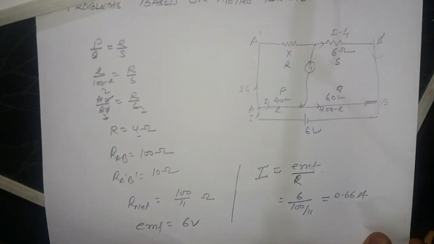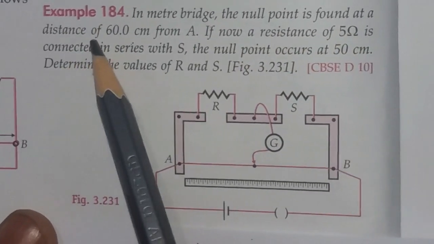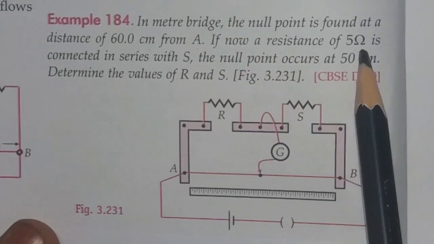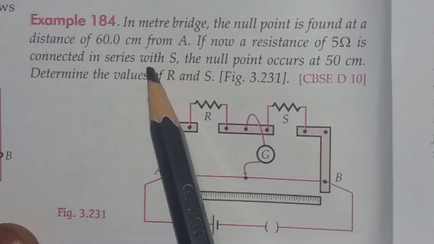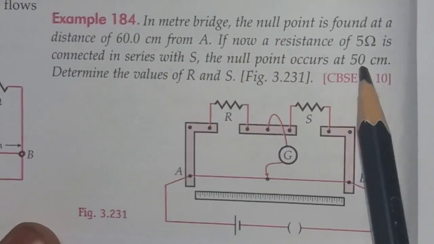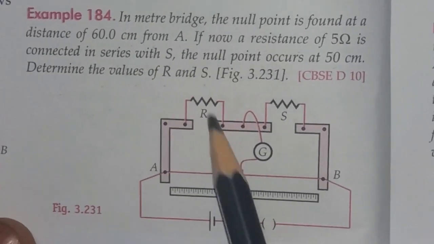ठीक. In a meter bridge, the null point is found at a distance of 60 centimeter from A. If now a resistance of 5 ohm is connected in series with S, the null point occurs at 50 centimeter. Determine the value of R and S. Right?